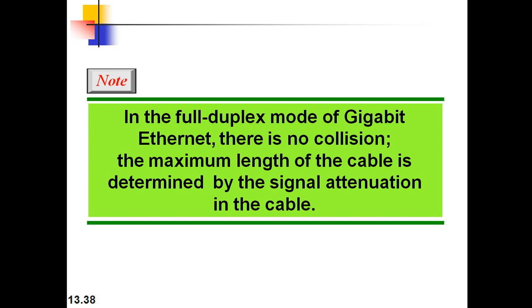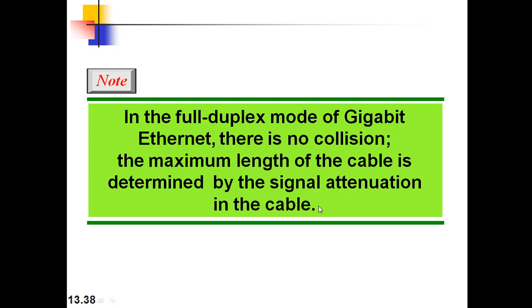In case of full duplex mode, we are not at all getting collisions, and the maximum length of the cable is completely dependent on the signal attenuation level here. Based on that we need to select the length of the cable.